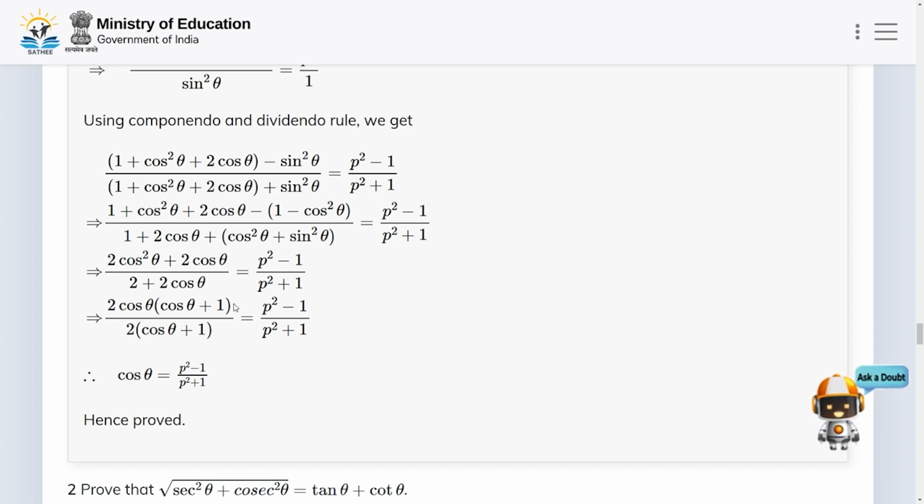Therefore, cos theta plus 1 and cos theta plus 1, and 2, will cancel, and we get cos theta. So cos theta is equal to (P square minus 1) divided by (P square plus 1). Hence proved. Now let us move to the next problem.